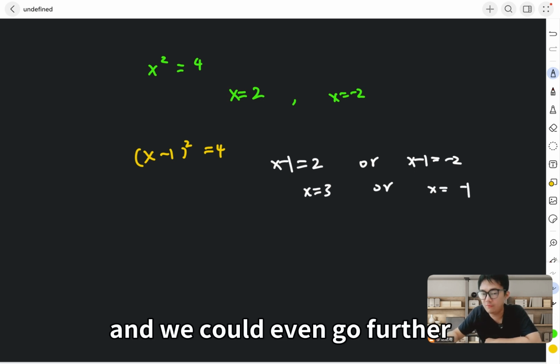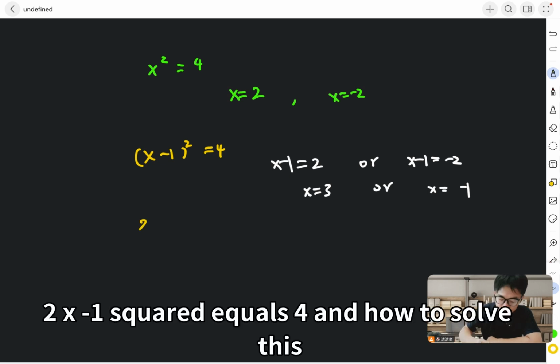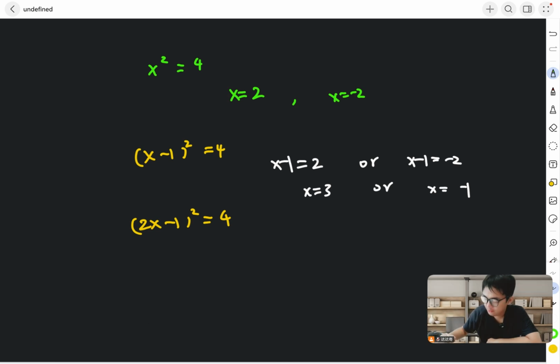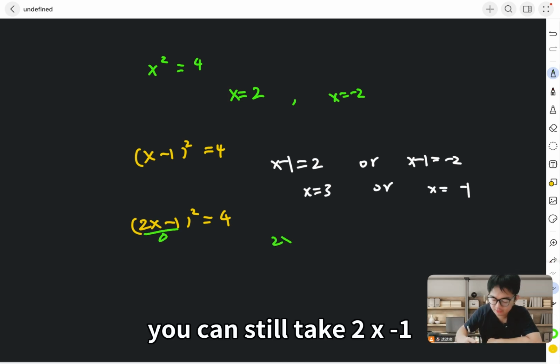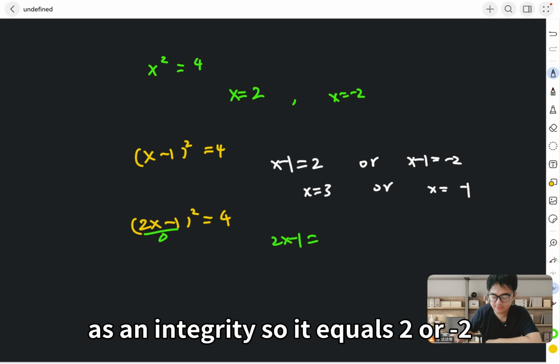And we could even go further. (2x minus 1) squared equals 4. How do we solve this? You can still take 2x minus 1 as a whole, so it equals 2 or minus 2.